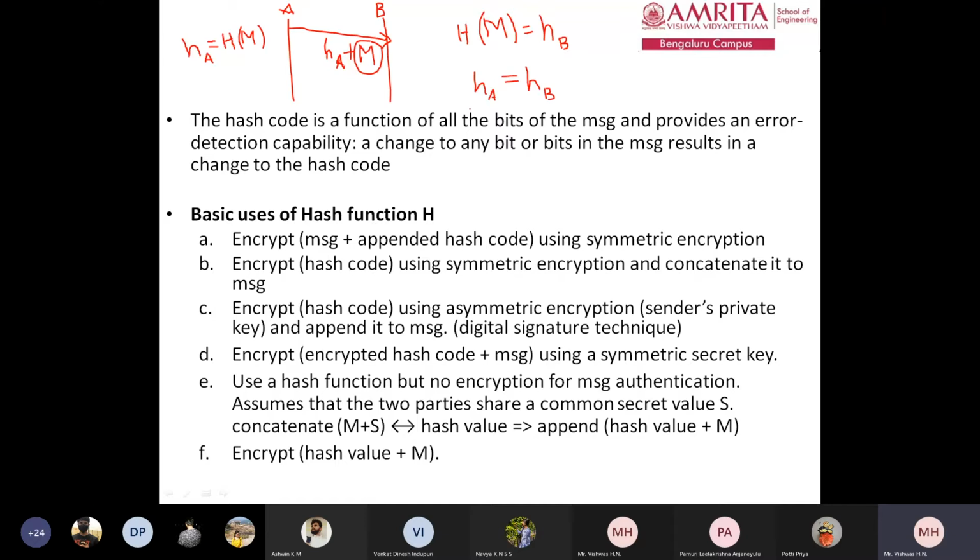When these two are the same, the integrity of the data is proved. That means there is no change in the message. If there is any change in the message, the hash code of B will not match the hash code of A. Is that clear? As simple as that. This proves the integrity of the message. Is it clear, students?